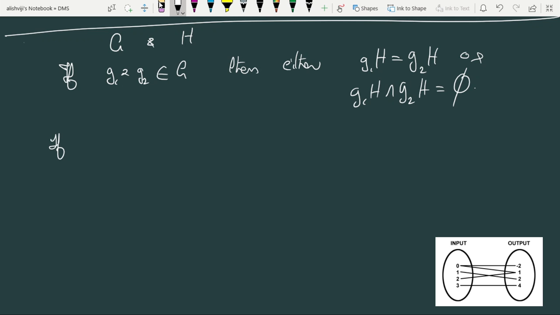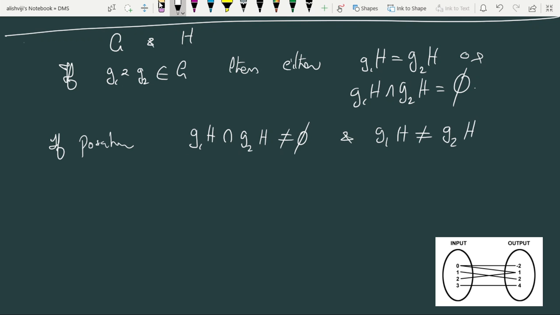To prove this statement we start with the converse of our assumption. If possible, G1H intersection G2H is not equal to the null set, so their intersection contains some element, and G1H is not equal to G2H.